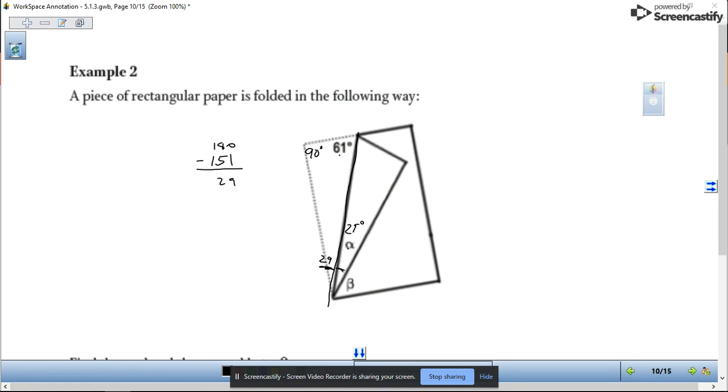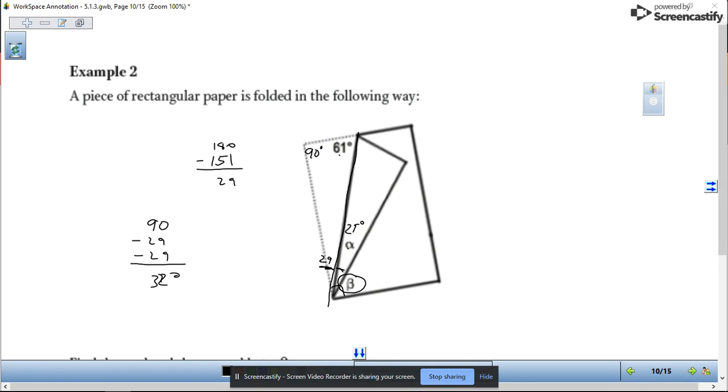And since this down here was originally a 90-degree angle, then that means we can figure out beta here by doing 90 minus 29 minus 29. Okay? So when you do that, it makes it a little bit easier problem, right? You gotta start working piece by piece to see what it is you're looking for. So 90 minus 29 minus 29 is 32 degrees.